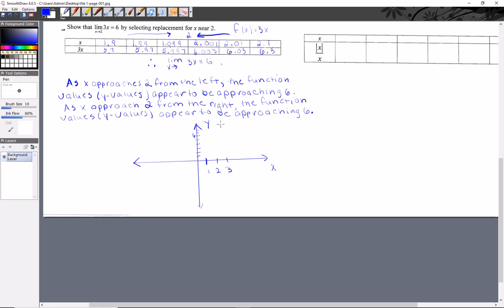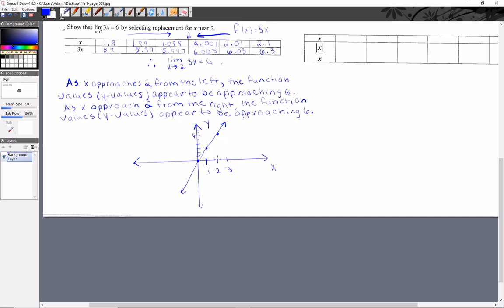If we just deal with the function as a linear, we'll have a point at 1, 3, roughly right here, and a point at 2, 6, which is roughly right here. It does line up as a linear, as you might expect. Good enough. And we're just interested in what happens as x approaches 2.